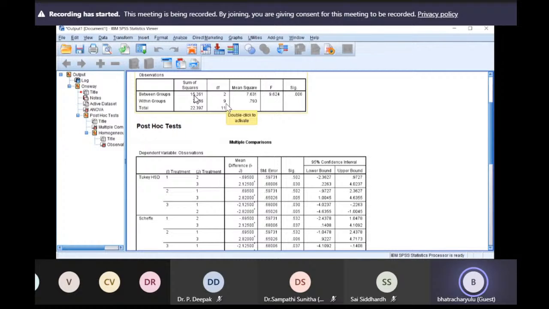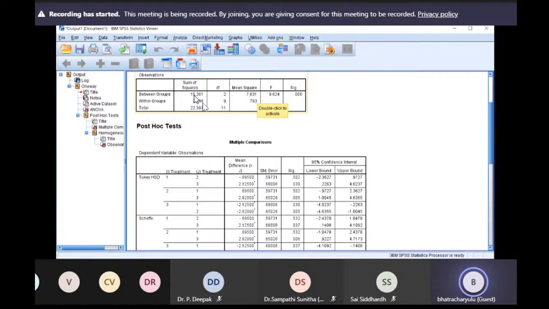The mean square value is the sum of squares divided by its degrees of freedom: 15.26 by 2 gives 7.631. Similarly, within group, which is the error sum of squares, 7.136 by 9 gives 0.793. Then compute the mean square between groups by within group.